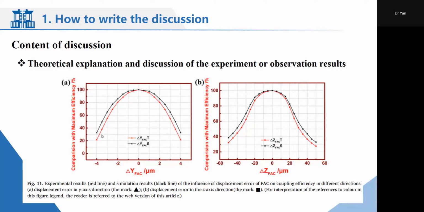So first, you can tell the readers the x-axis is the magnitude of the displacement here. Just an example. And the y-axis here is the ratio of the coupling efficiency to the maximum value.